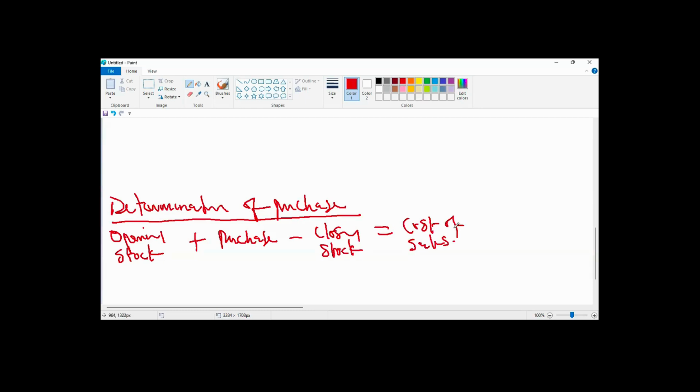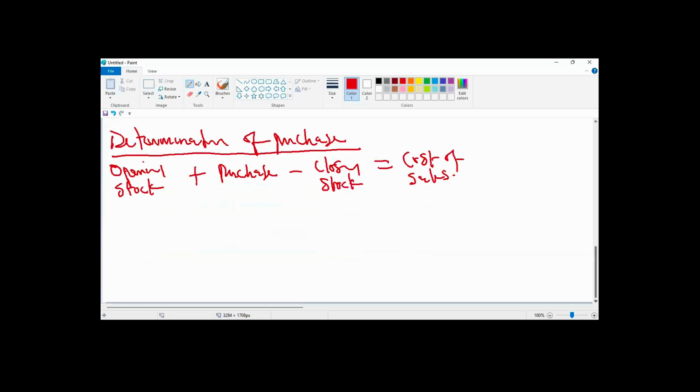This is the formula that we are used to know as accounting students from secondary school. But here there is no stock, I will use inventory.